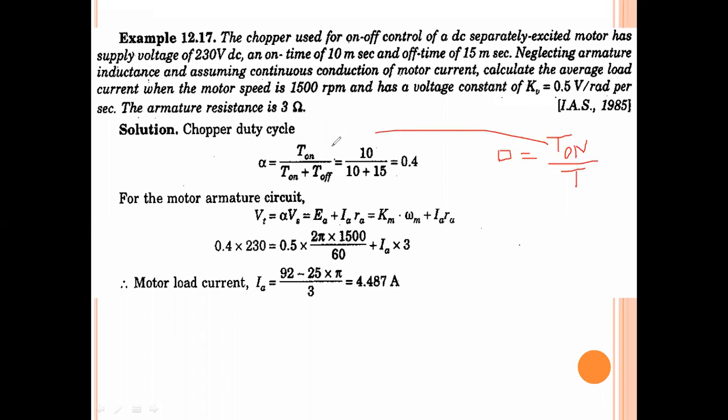So using this formula, we substitute T on, which is 10 milliseconds, and T off, which is 15 milliseconds. The milli cancels, and from this you can calculate the duty cycle, which is 0.4.